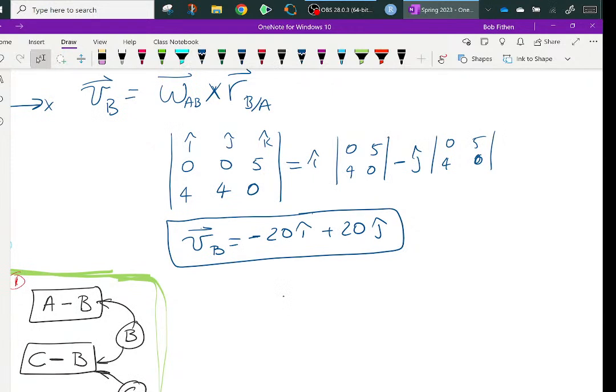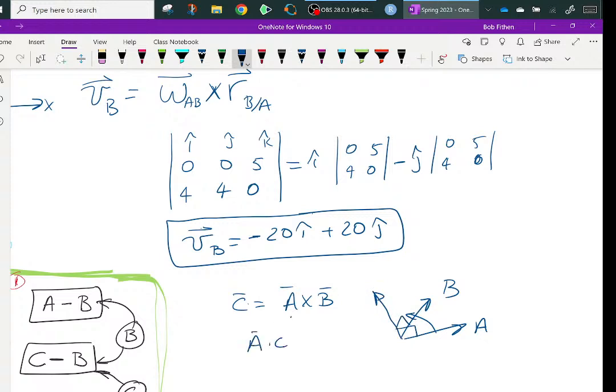My dot product thing that we talked about one time: if you have any vector A cross B, because A and B make their own plane, this vector C is perpendicular to both, so A dot C equals 0, and B dot C is equal to 0.